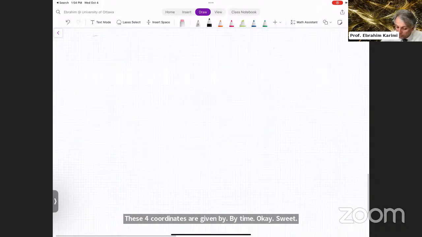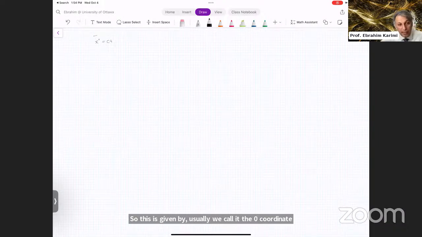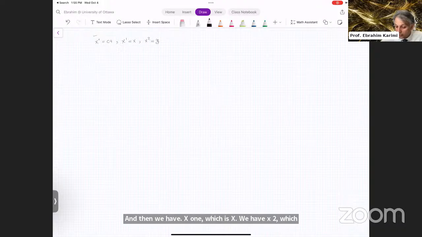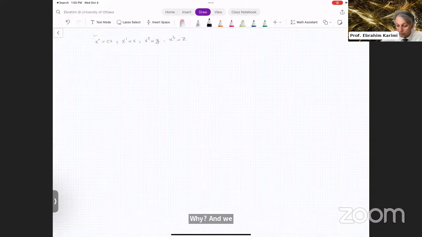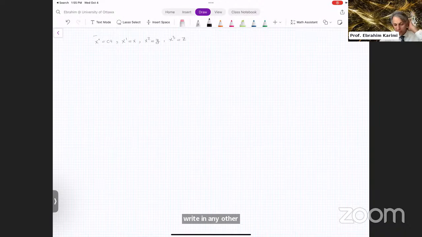The 0 coordinate is usually ct, then we have x1, which is x, x2, which is y, and x3, which is z. You can write it in any other coordinates that you wish, such as the curvilinear coordinates that we learned properly in the past.